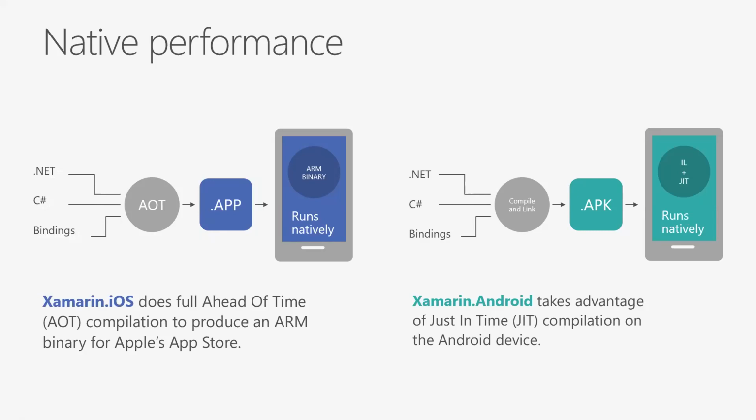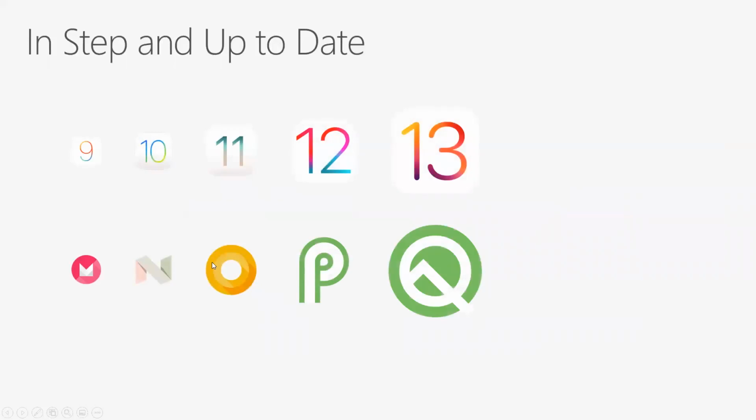All right. Another concern we hear a lot with cross-platform mobile is how do we stay up to date with the latest and greatest? I'm sure you saw the news. Every summer you get the new iOS and the new Android. And Xamarin is really proud of our commitment to same-day support.